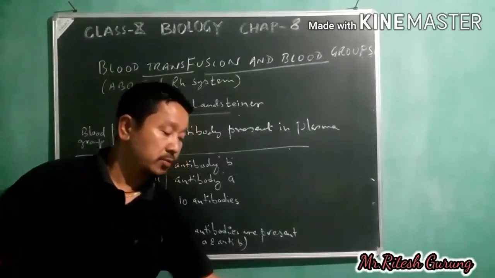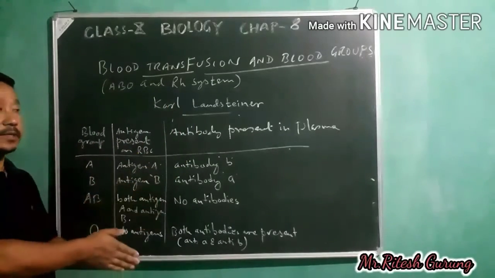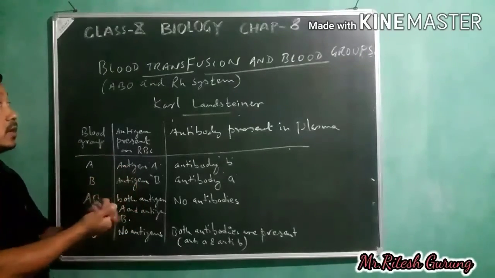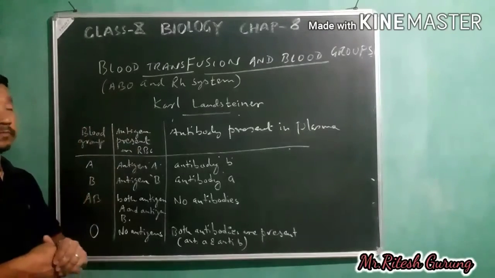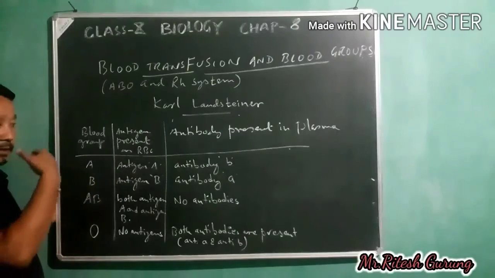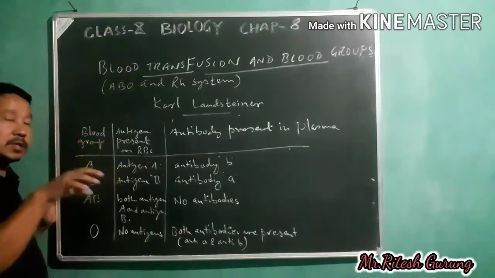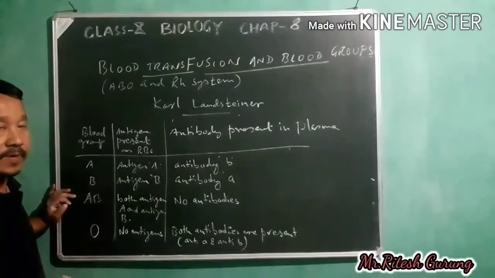So how is blood classified according to the ABO system? In the ABO system, blood is classified like this, as you see here. As I've told you, blood is made up of RBC, blood cells and plasma.